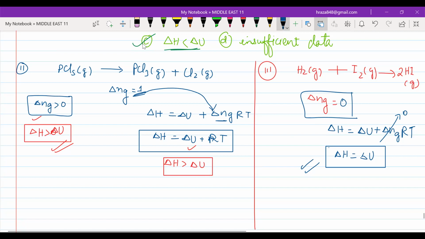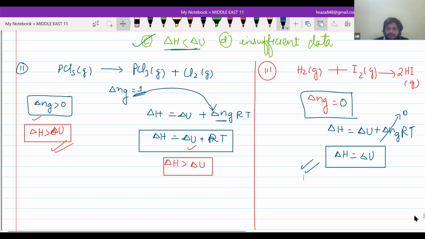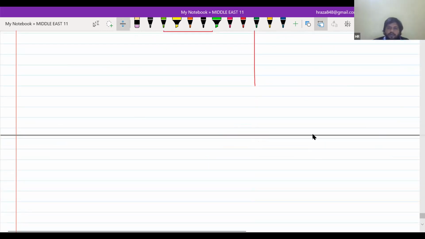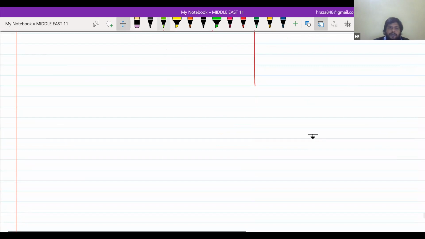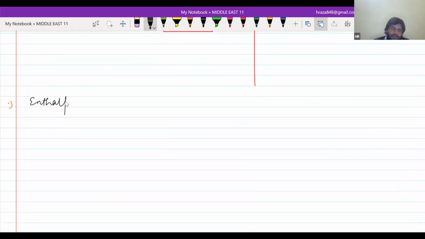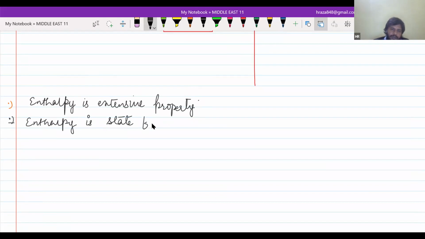Okay. Again we are going to discuss extensive and intensive. You already know that. So here we write some points regarding this. Enthalpy is an extensive property. Enthalpy is a state function.